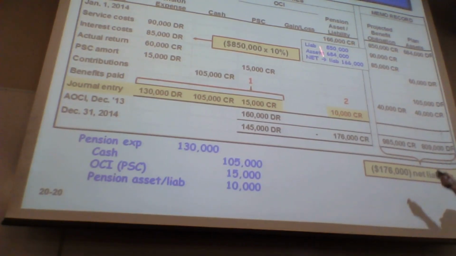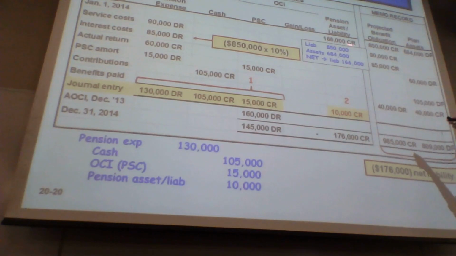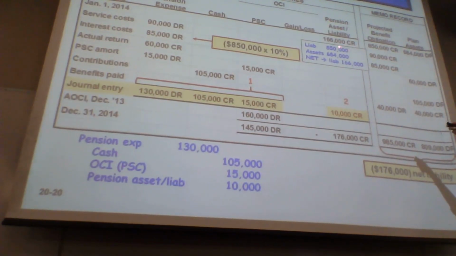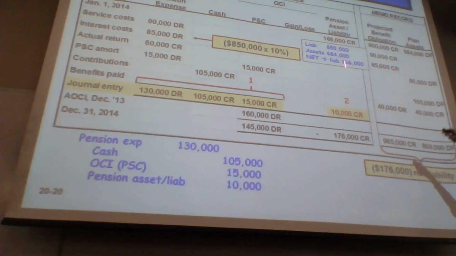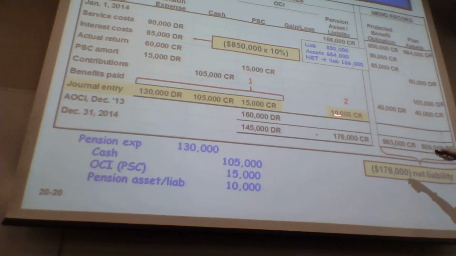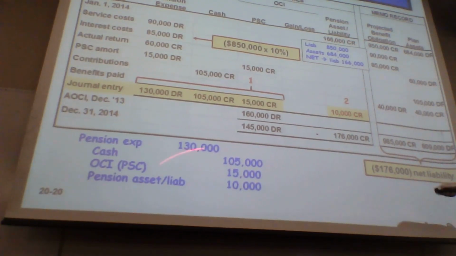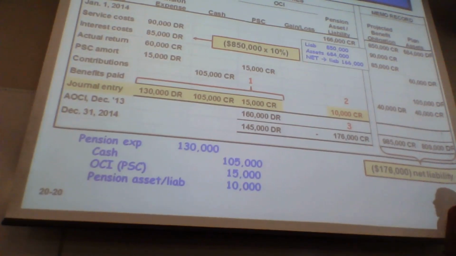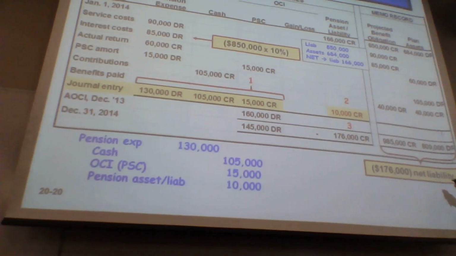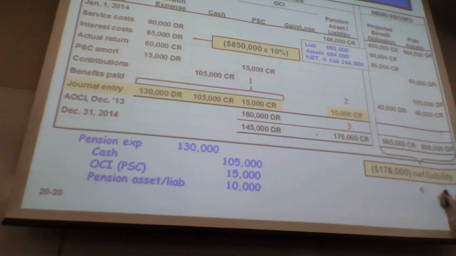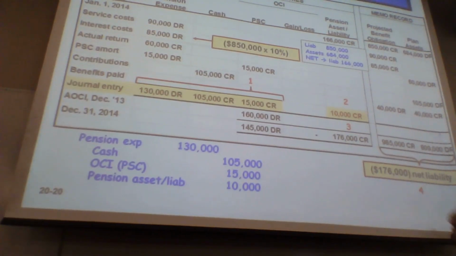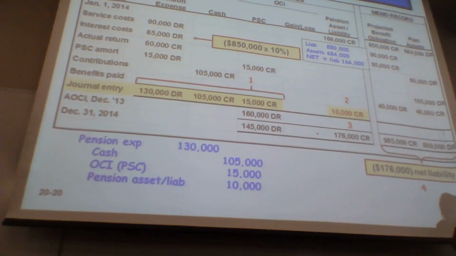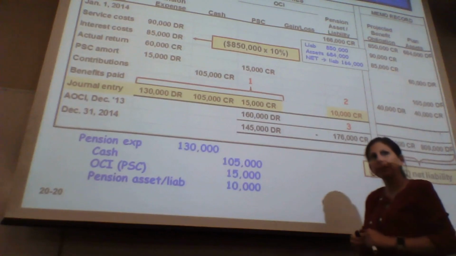What do I mean by that? If we take the beginning pension asset net balance of $166,000 credit, and we add the $10,000 credit here, that was the plug in this journal entry, we come to this $176,000 credit, right? Now that should tie to this number here, the net ending balance in our plan liability and plan assets.